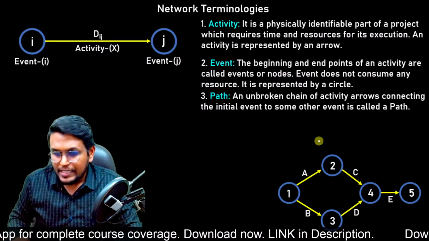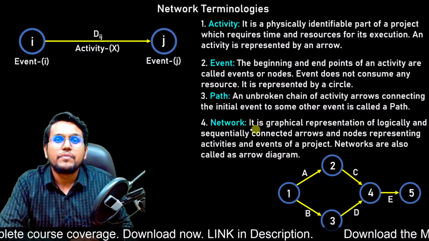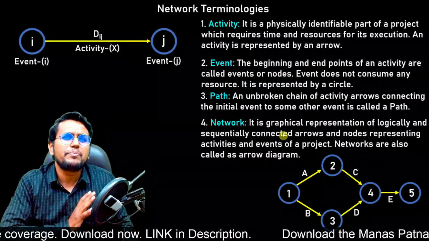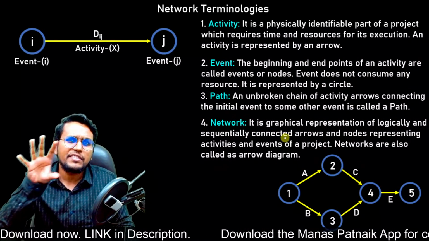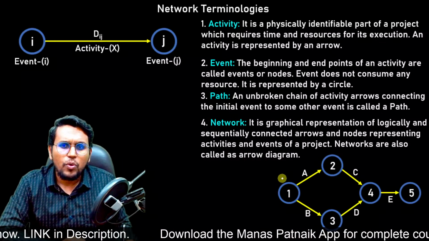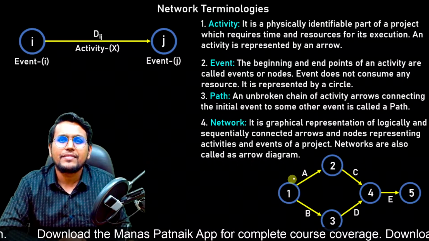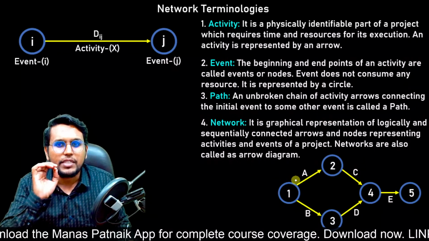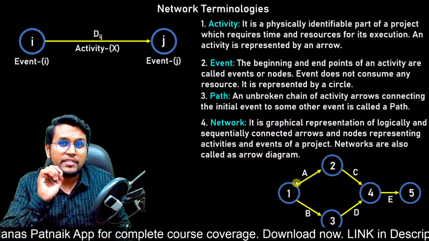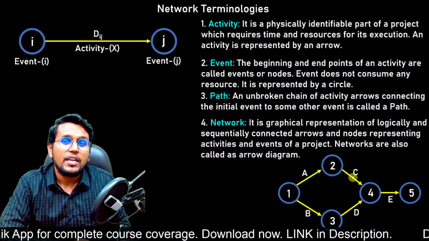Now let's see the next one, which is the network. A network is basically a graphical representation of how activities are interconnected, and this whole diagram, as you can see, represents the network of a project, where we can realize that some of the activities are dependent.